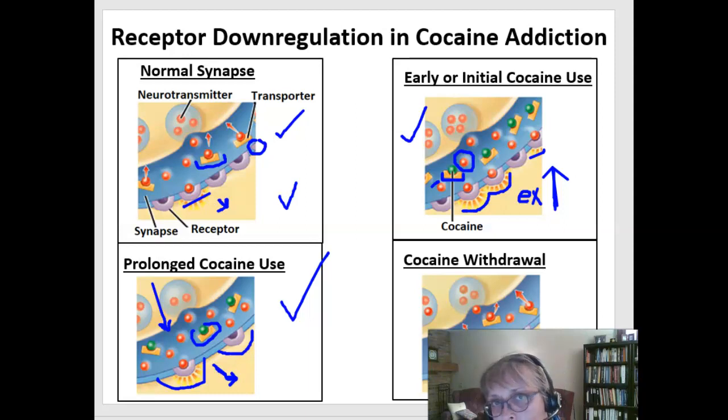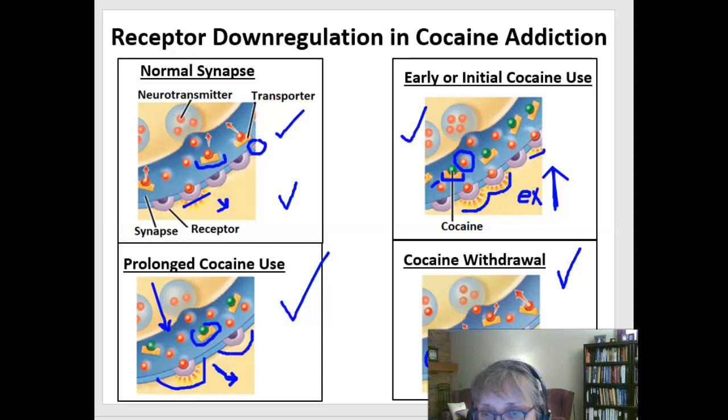So that ups how much they use. What's even worse is that over time, if you take away the cocaine, so I'm in the fourth box now, somebody withdraws from cocaine, they want to stop taking it altogether. Now the transporters are working normally. The presynaptic cell has released approximately the same amount of neurotransmitter, maybe a little bit more, but basically the same amount.